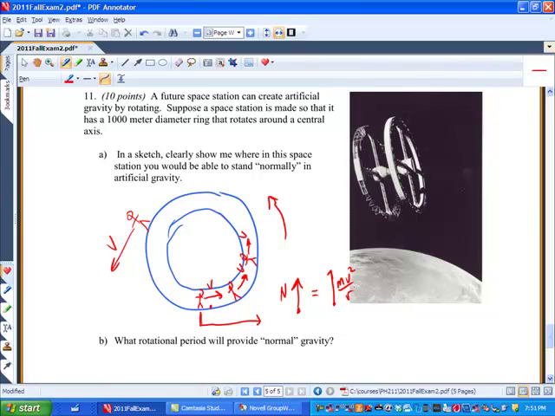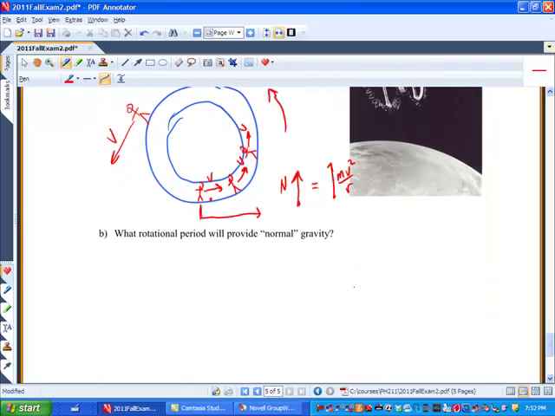You stand with your feet on the inside of the outer part of the ring. Yeah, so our F net is mv squared over r because whenever we're going in a circle, the sum of the forces, which we call the centripetal force, equals mv squared over r.